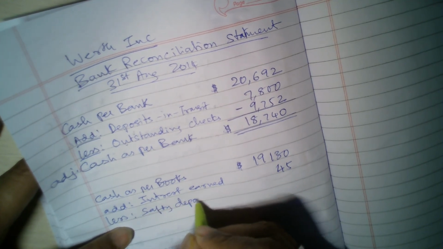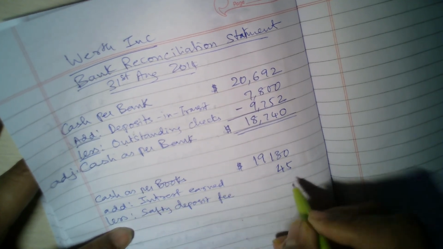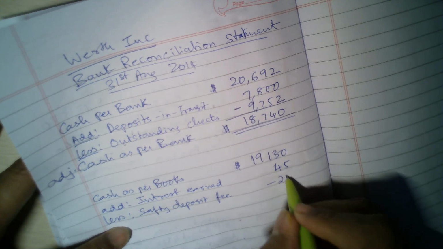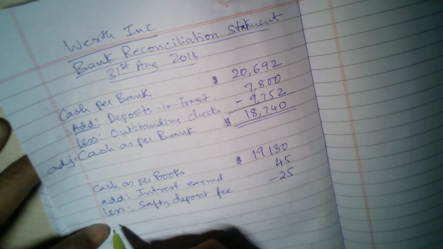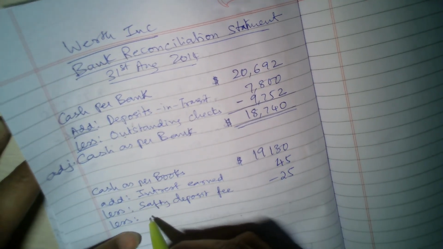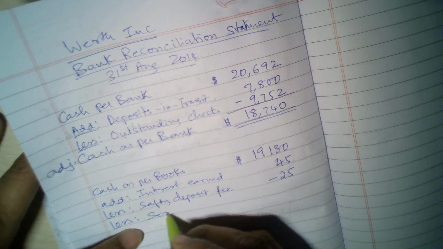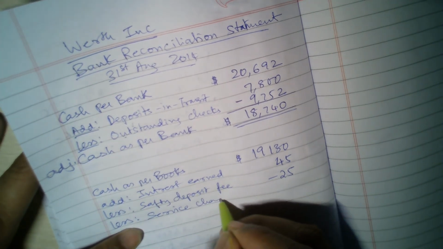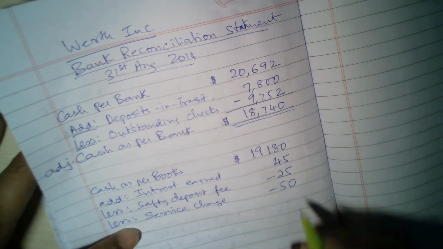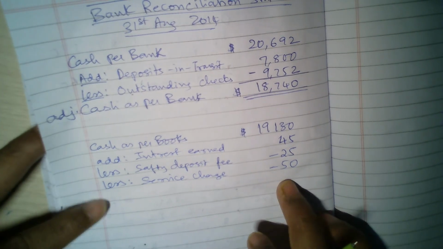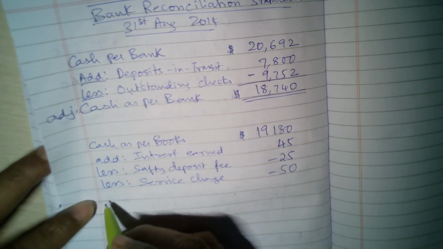Basically these are bank charges. So minus 25, and then less service charge, that is minus 50. Next, one more entry is there, that is your error.